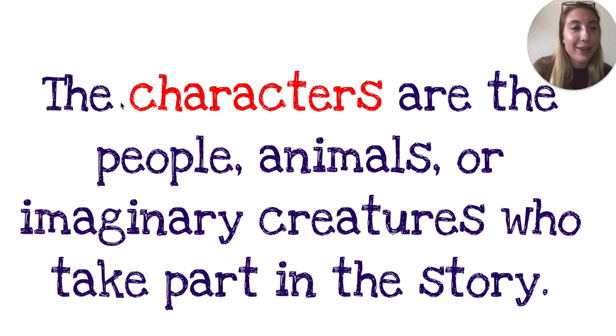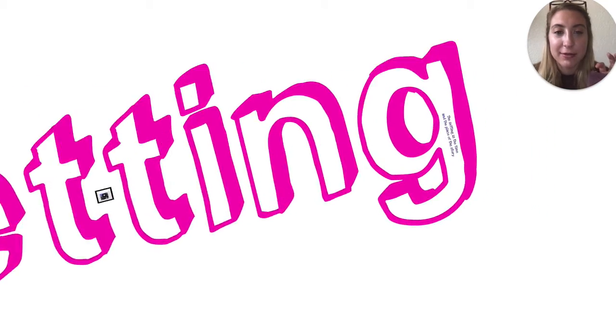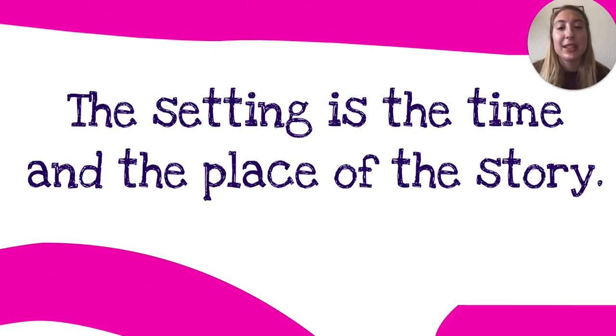So now we're going to go into settings today. All right, we are going to write down setting in our notes. The setting of a story is the time and the place of the story. So where it's happening and what time it is. That could be the year, or what time of day.